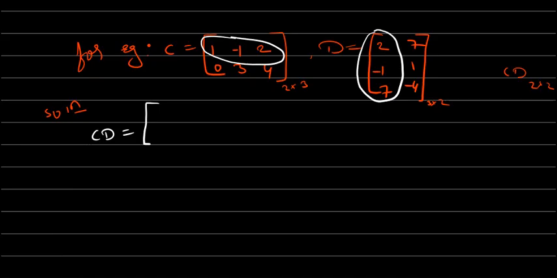I'm going to say first 1 into 2, and you move in this direction. After completing each element, you need to add them: 1 into 2, minus 1 into minus 1, plus 2 into 7.